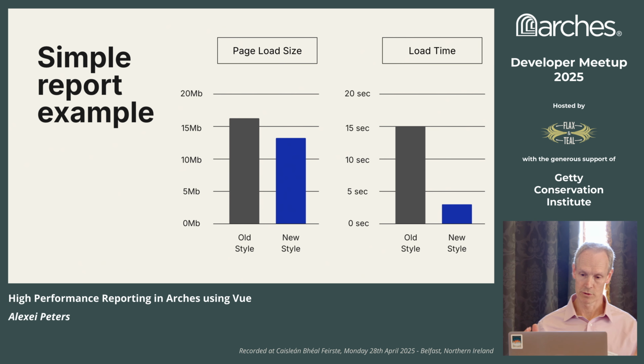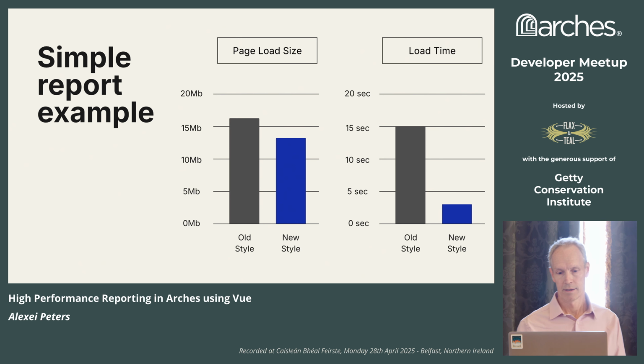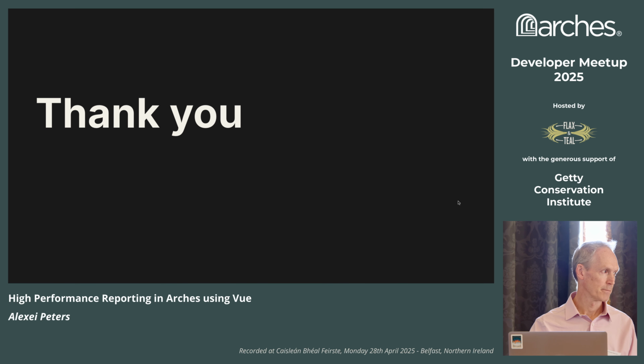There's no building necessary. And just anecdotally, you can see page load size dropped a little bit, and I'm including the whole page, that's the Chrome as well, so there's a lot of weight in that. But even more importantly, what we just saw with that one report, typically 15 seconds down to 3.5 seconds. And that's all I got.